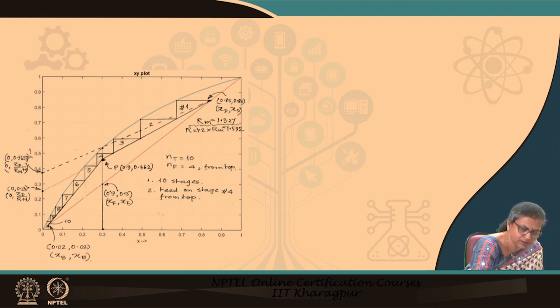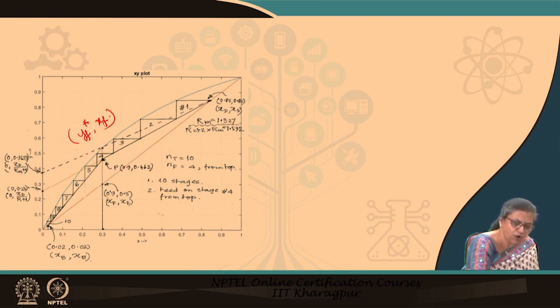This point is the feed point. You know the XF point, and this point will correspond to YF star. You know alpha, you can find out YF star, and in this particular case you will find that YF star is equal to 0.536.